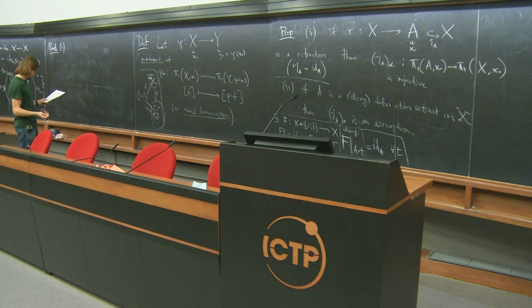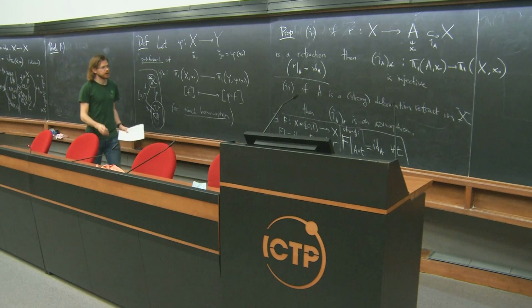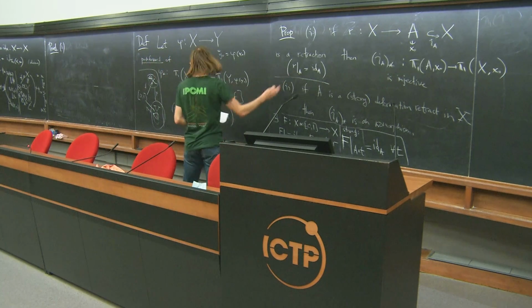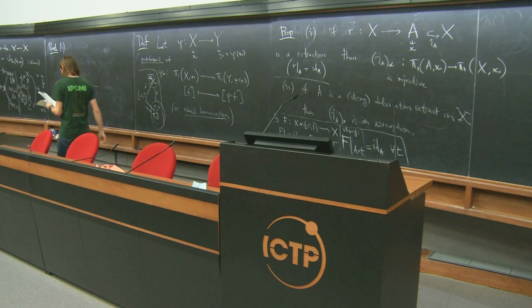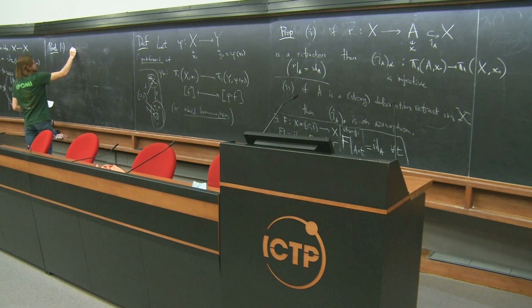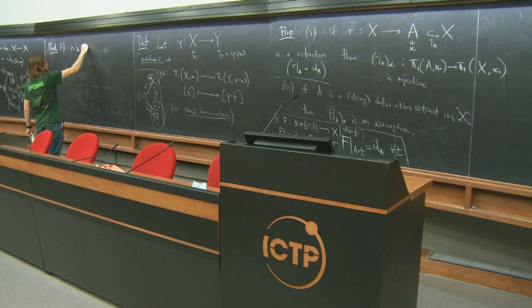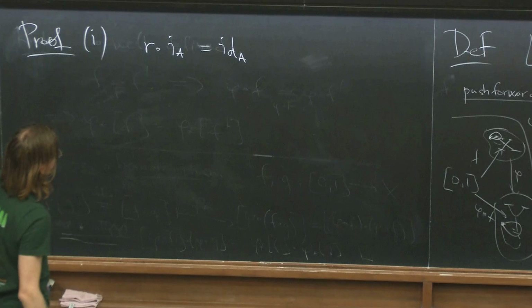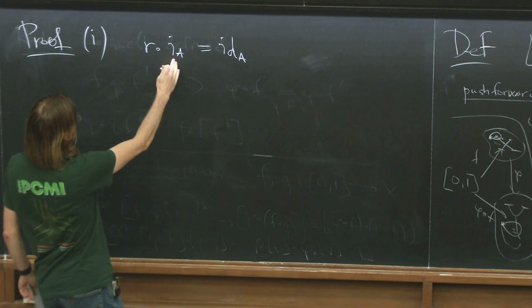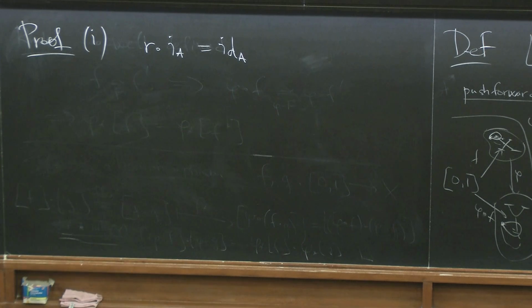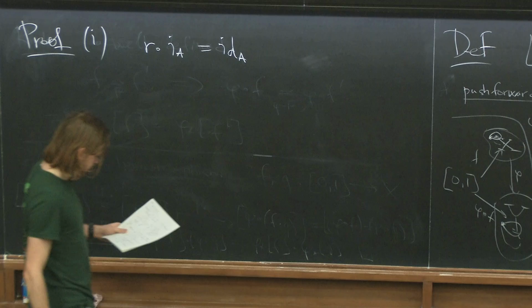Again, this condition of retraction can be clearly written as follows: the composition of R with the inclusion is the identity. Taking the restriction is the same as taking a composition with the inclusion map.